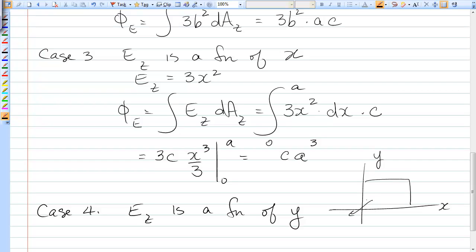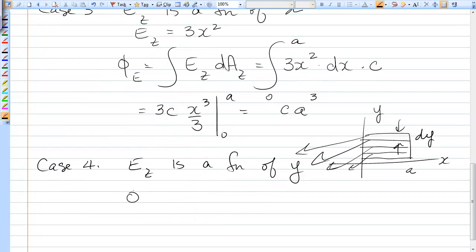So it's coming out and it's getting bigger and bigger as I move up, which means I want to divide this into horizontal strips, where in each strip the electric field is constant. So now I use my dy for the width of the strip and a for the length of the strip there.